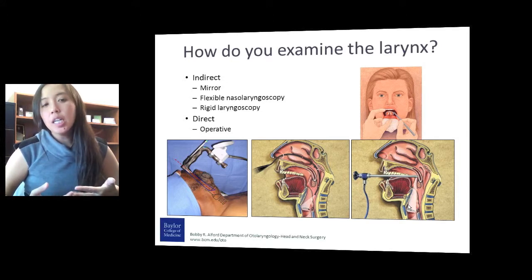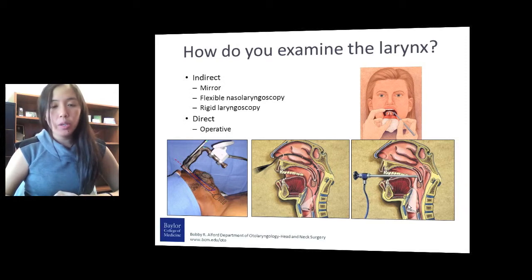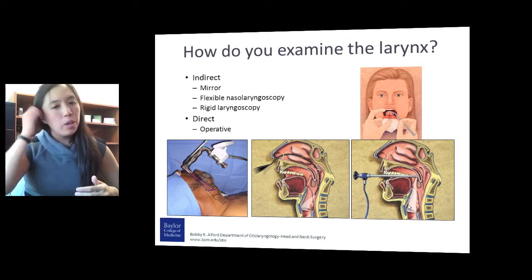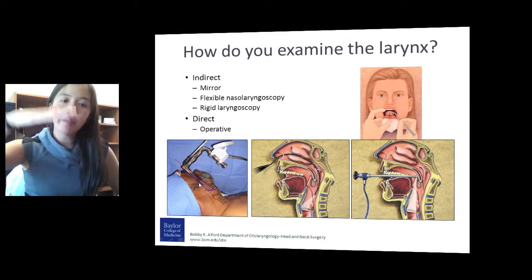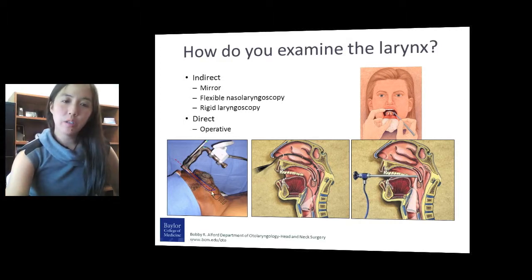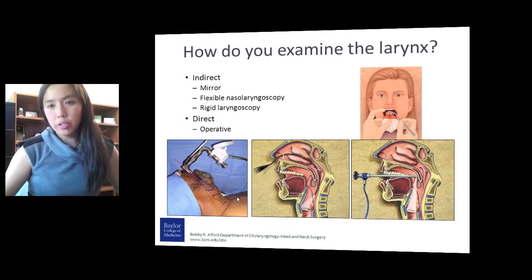This is typically done in the operating room because it's pretty uncomfortable for the patients, and we use, again, rigid scopes to push the tongue out of the way and lift the mandible up in order to look directly at the larynx. This is also the way in which we do microlaryngeal surgery.